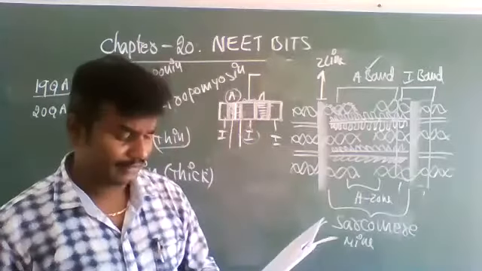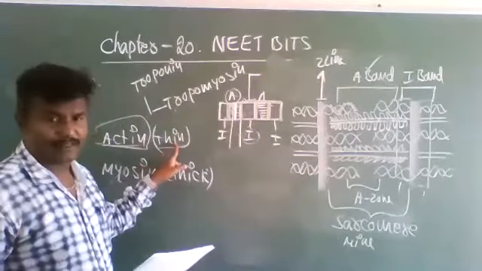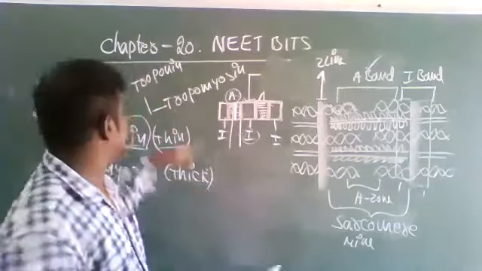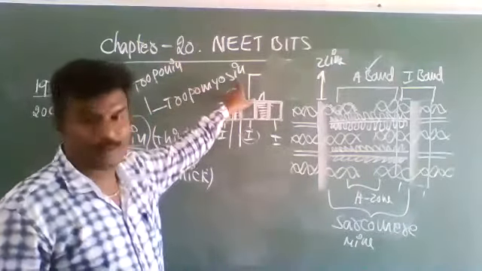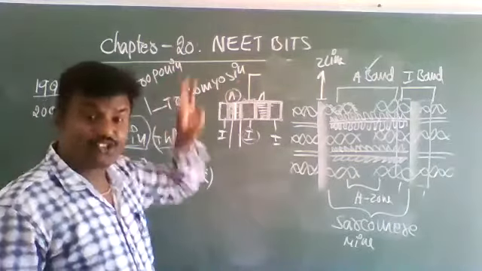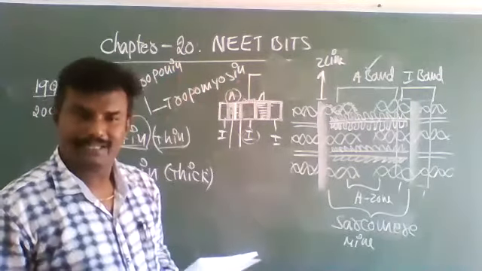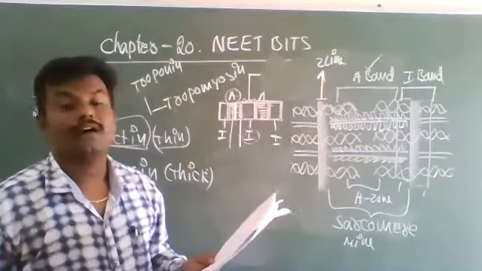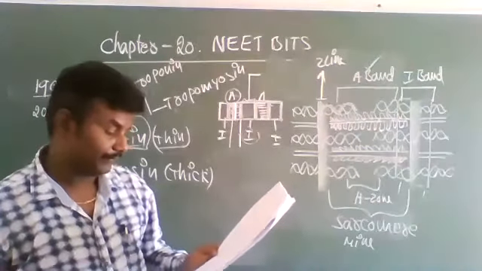Troponin contains three subunits. So the correct option is 1, myosin.